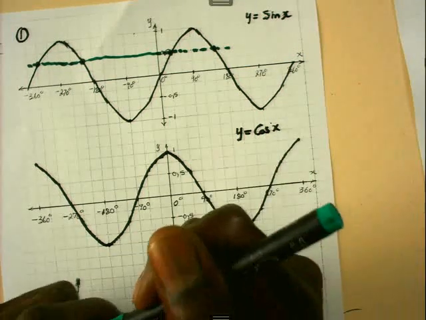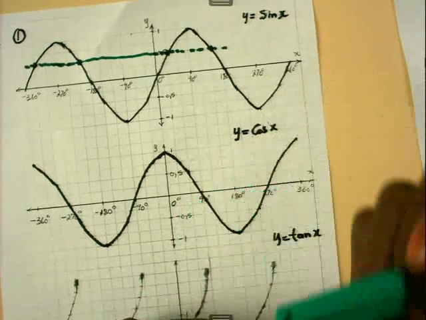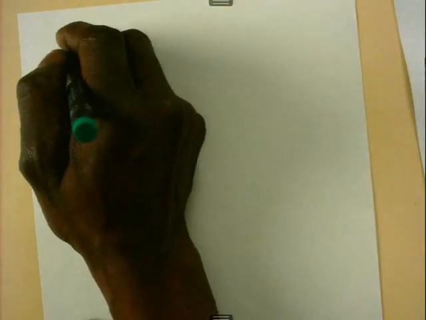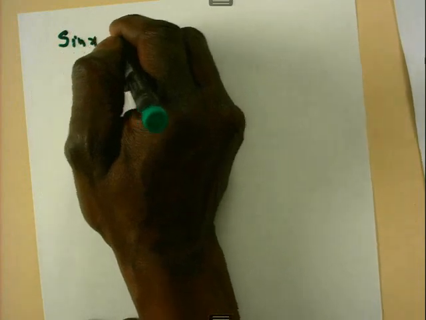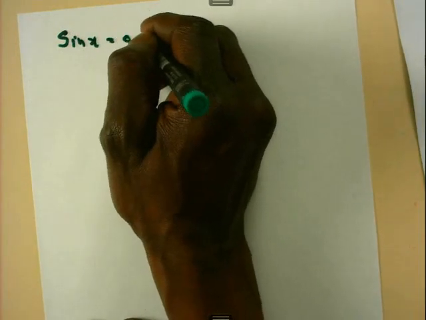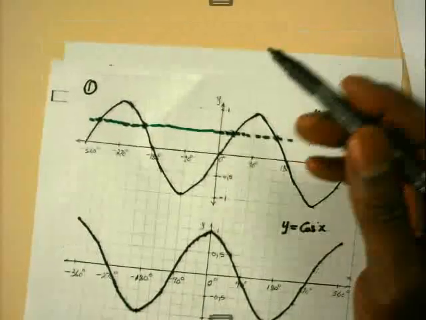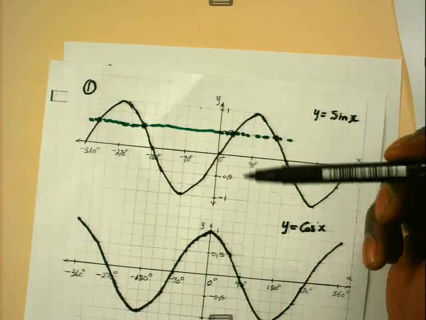Now, how do we get the general solution for the problem sine x is equal to 0,5? We are going to write it: sine x is equal to 0,5. And if we look at our graph here, we can estimate the solutions for that.